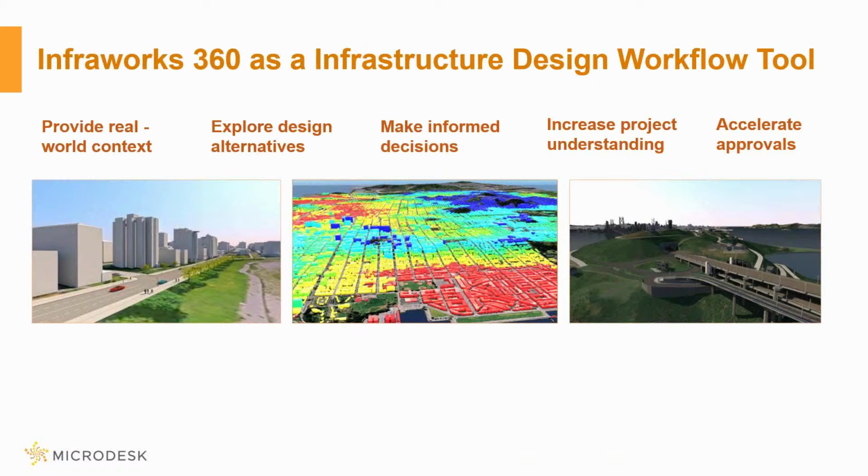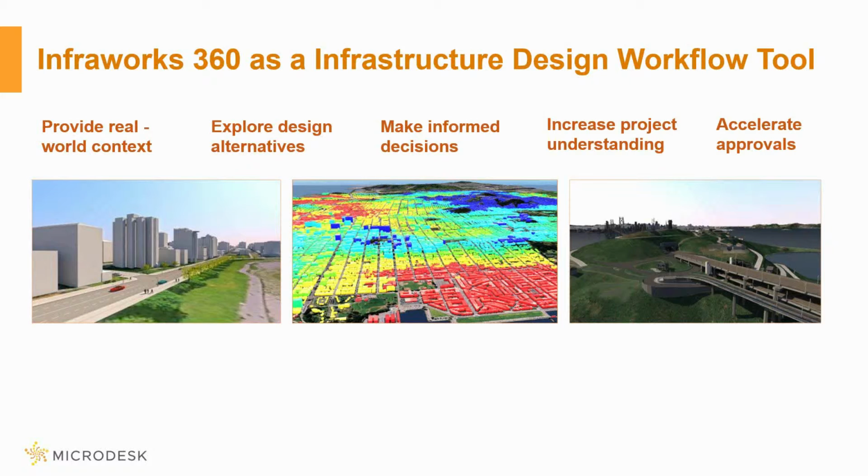What InfraWorks 360 can do for you is you can create models in the context of today's environment, so you can see your projects in the real world. You can quickly and easily explore multiple design alternatives to ensure you're making the right choice. You can give your client options to choose from with the ability to reuse the chosen design in the preliminary engineering phase.